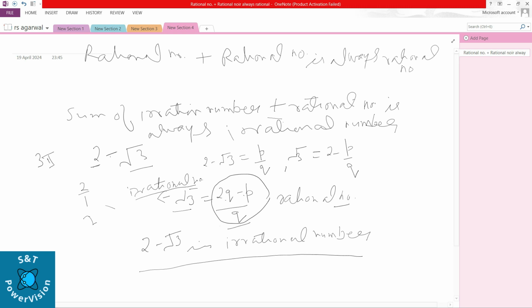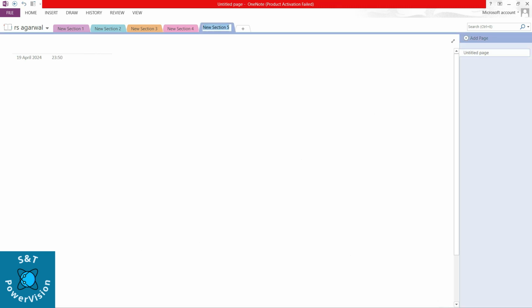Now the next question, the third question, is 3 plus root 2. We have to show that this is an irrational number.